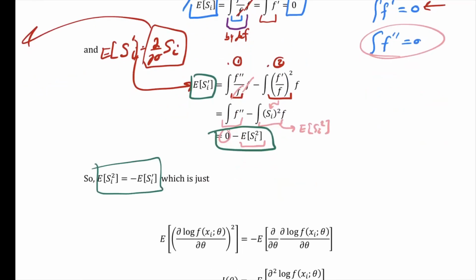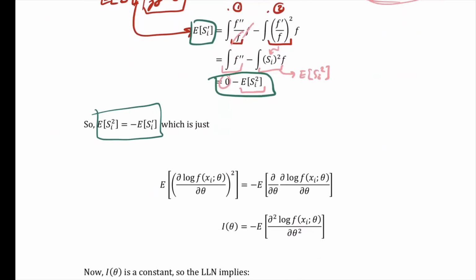And written out in big old fat messy notation, I have the expected value of s squared is equal to minus, here, this is the second derivative, partial squared log f of x i. All right, hold on.